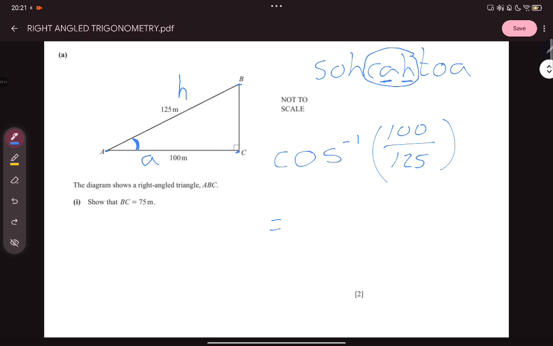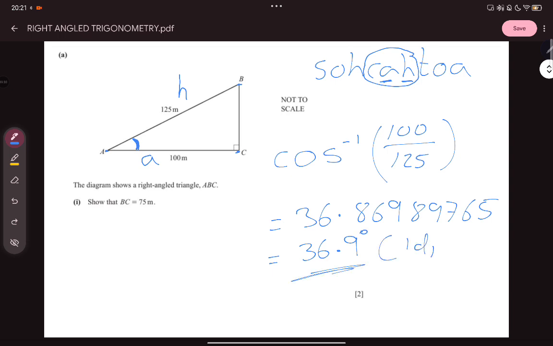And I'm going to write down my full calculator answer here, 36.869899765. And for my final answer, I am going to round it to 1 decimal place. So 36.9 degrees, 1 decimal place. And of course, remember what I said in the last question.